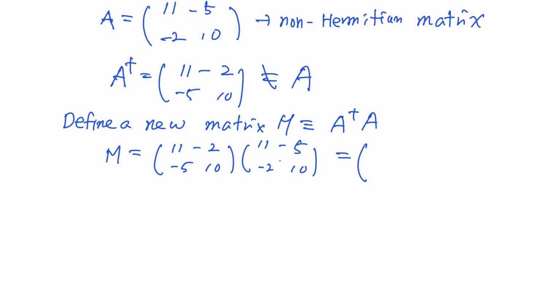If you multiply them together, 11 squared is 121, so 121 plus 4 is 125. And this is -55 -75, -75, 125. So this is definitely Hermitian, right? So M dagger is M. It's Hermitian.